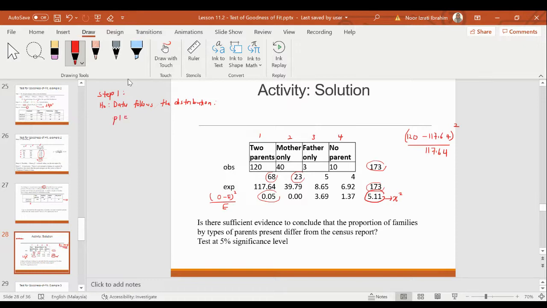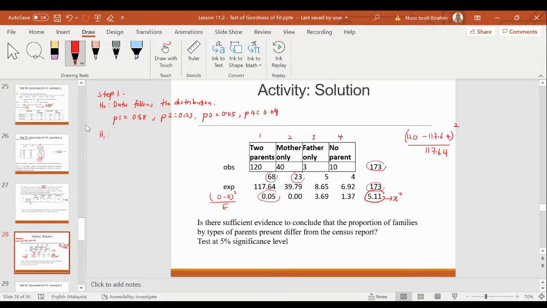P1 equals 68%, 0.68. P2 equals 23%, 0.23. P3 equals 5%, 0.05. And P4 equals 4%, 0.04. I write them down in proportion.